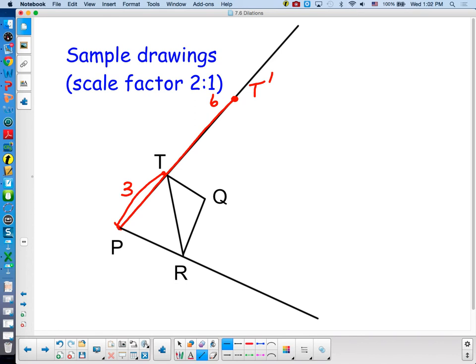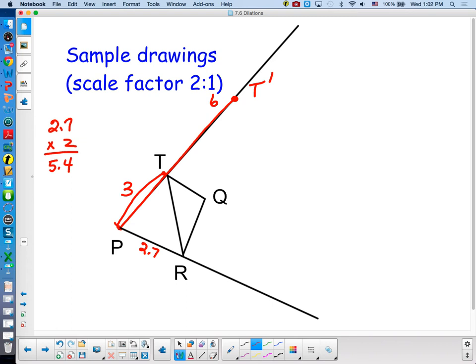I want 2.7. Okay, so whichever measurement you think, 2.7 or 2.6. We want to make it twice as big, so take that number times 2. So it's not exactly 5.5. Mine is 5.4. If you had 2.6, when you double it, it's 5.2.